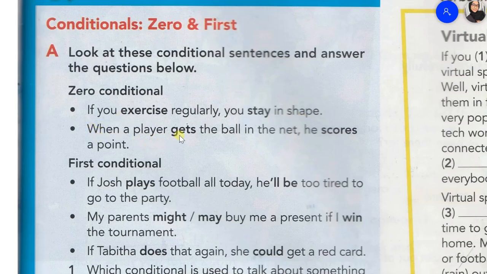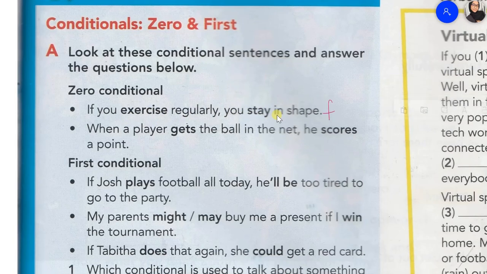When a player gets the ball in the net, he scores a point. So this falls under which category? Fact, general fact, right? This is a fact. And meanwhile, the second one is the rule. Okay, the first one is a fact, the second one is a rule.